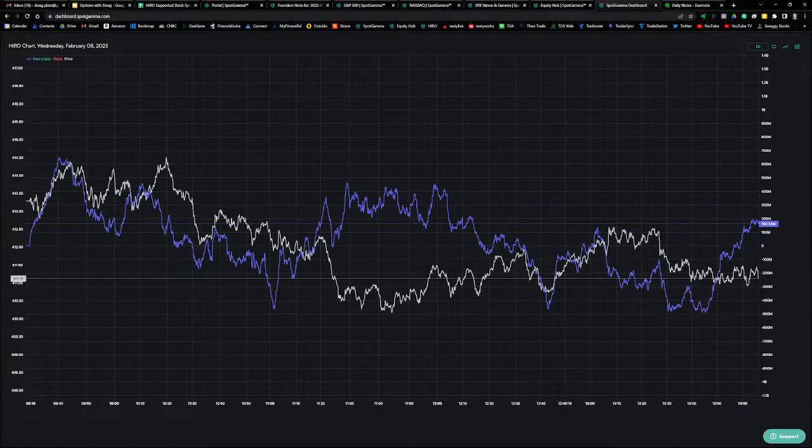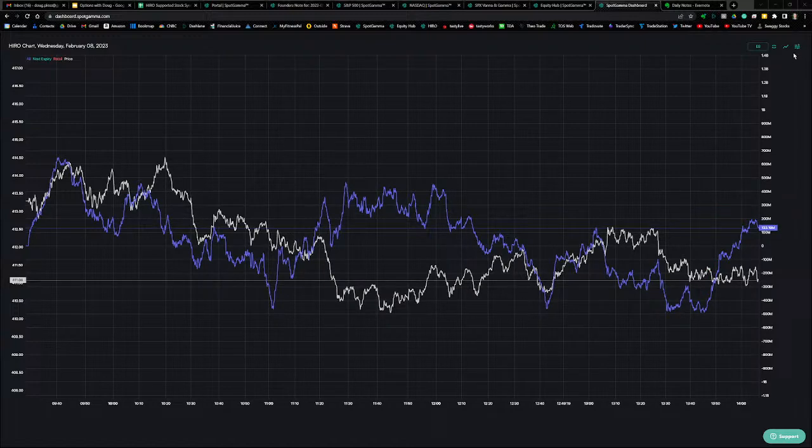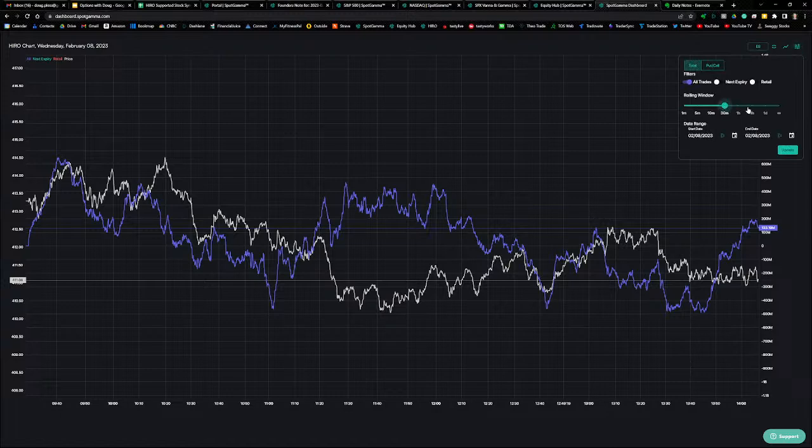Now what this is showing, when we just look at the past 30 minutes of data, is that traders are once again taking positive delta positions as price approaches that low level. All right, let's change this back to the full day.